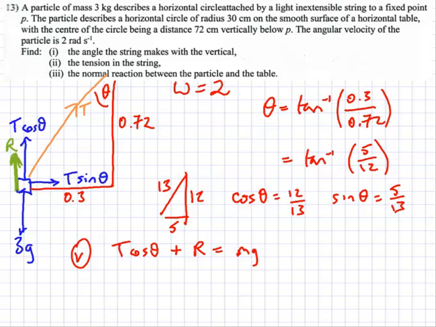So cos theta is 12/13, and the mass is 3, so it's 3g. Now, I don't feel there's much I can do with that at the moment, because I've got two unknowns. I've got both T and R unknown. So let's just hold fire for a second. Let's look at other things that we can do. Let's work on maybe the horizontal and see what forces are doing there.